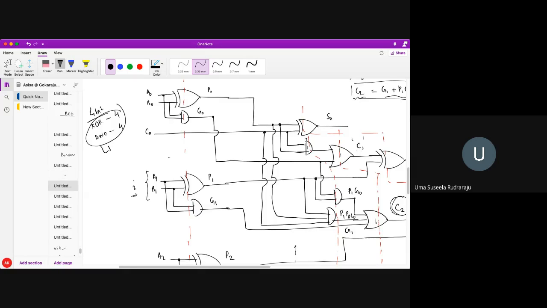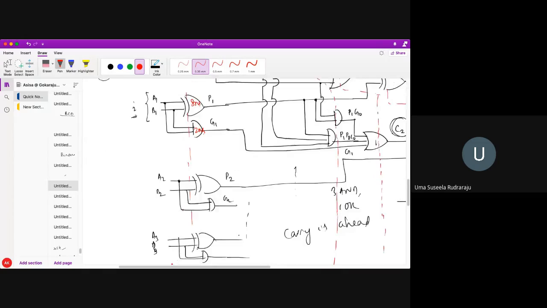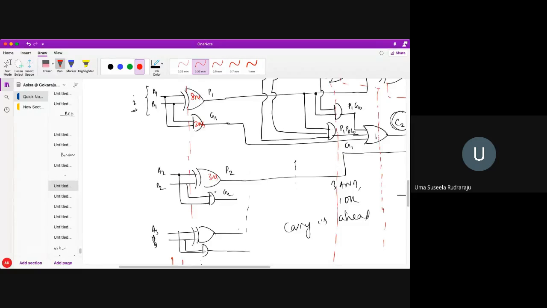Now tell me what would be the propagation delay of level 1? Whichever gate is giving the maximum propagation delay, that we have to take for level 1. Let's say this XOR gate gives a propagation delay of 3 nanoseconds, this 8 nanoseconds, this 4 nanoseconds, and 12 nanoseconds here.